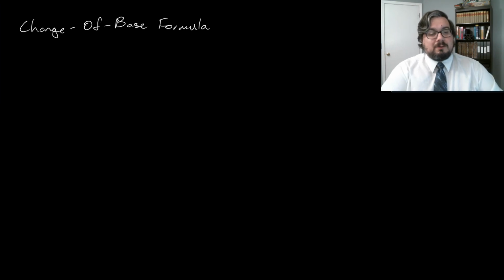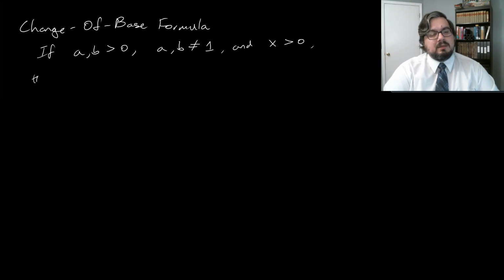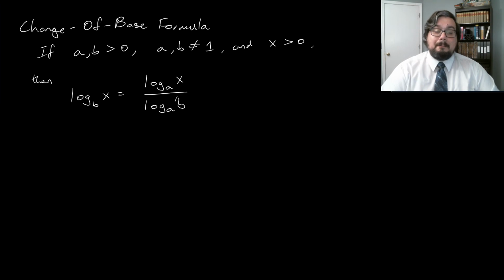So the change of base formula says that if a and b are positive numbers that are both not equal to 1, that is, they're both valid bases for the logarithm, and x is a positive number, then the logarithm base b of x is equal to the logarithm base a of x over the logarithm base a of b.